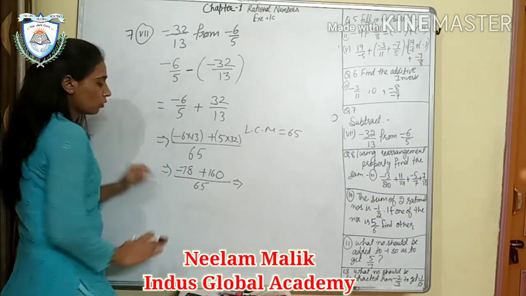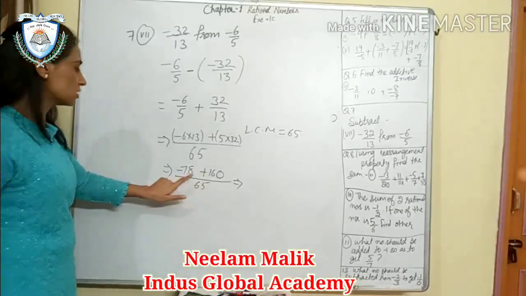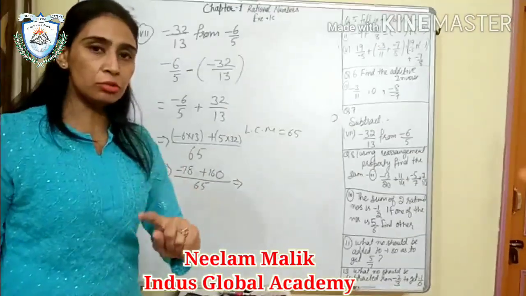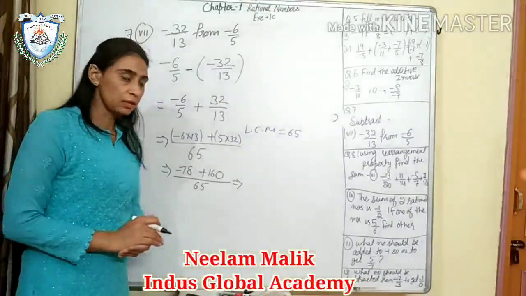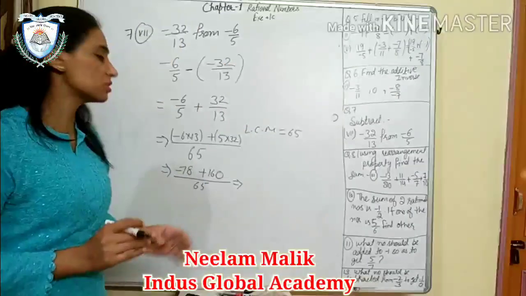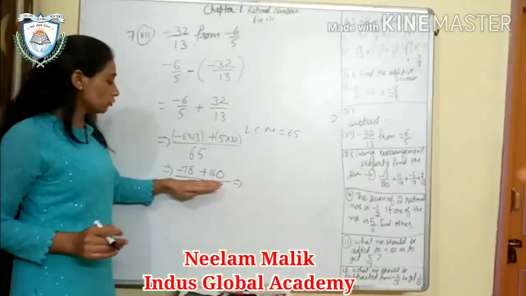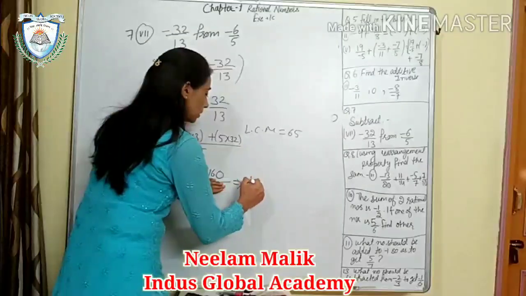So now, this is positive and this is negative. When we have to add two numbers with different signs, what will we do? We will take their difference and just put the sign of the greater number. Greater is positive, so our answer will be positive.